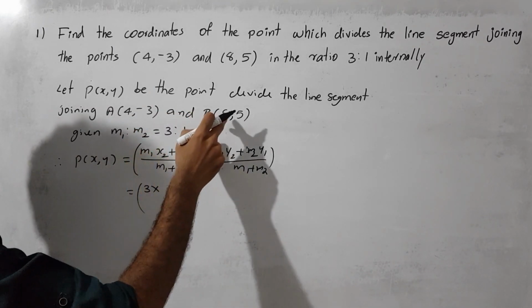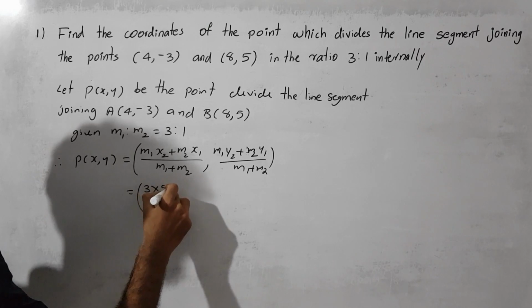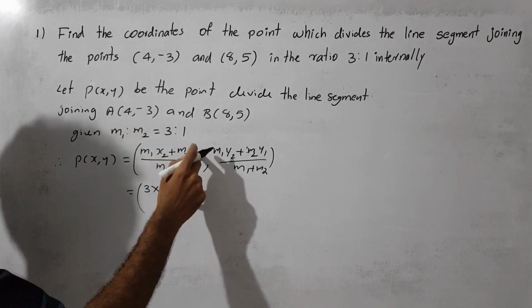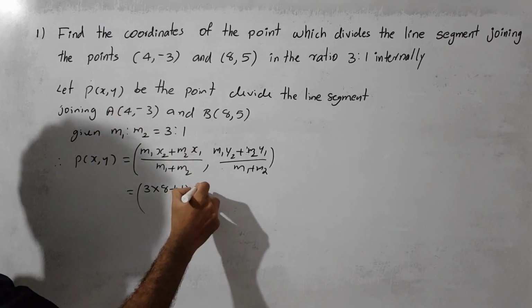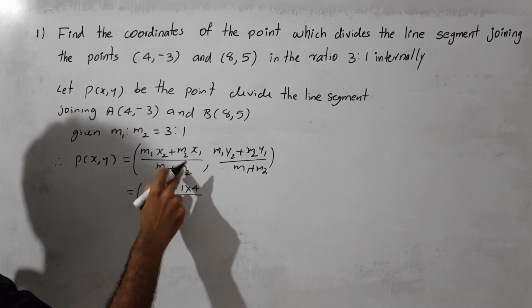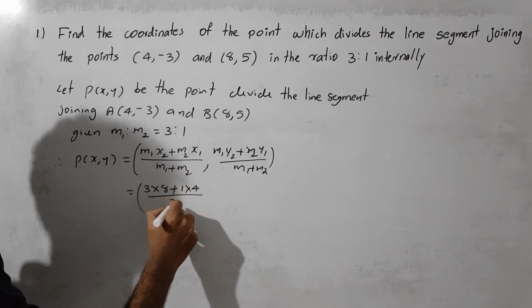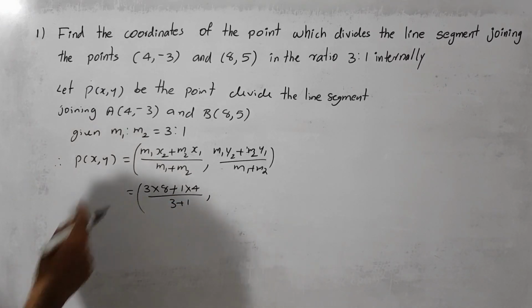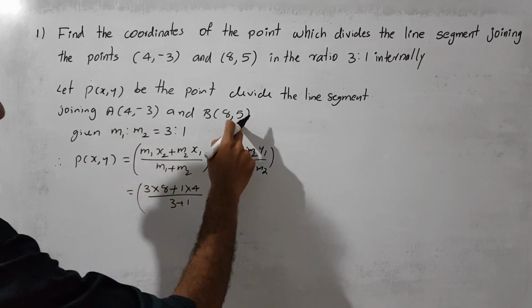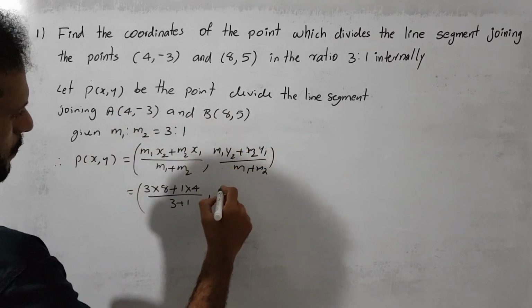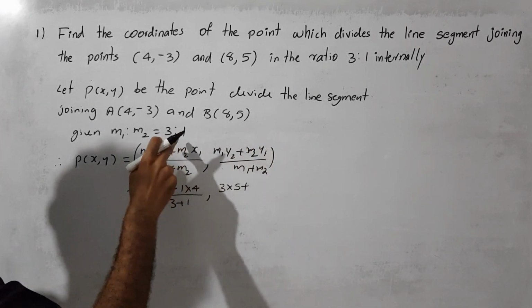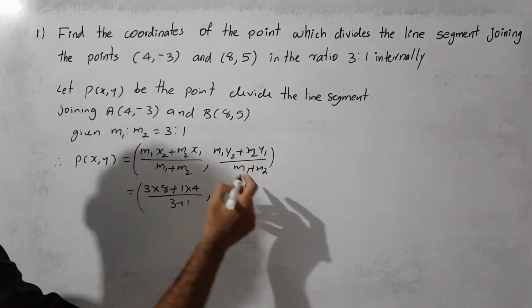So m1 into x2 means 3 into 8, plus m2 is 1, 1 into x1 is 4, by m1 plus m2, that means 3 plus 1. m1 y2 means 3 into 5, plus m2 y1 is 1 into minus 3.